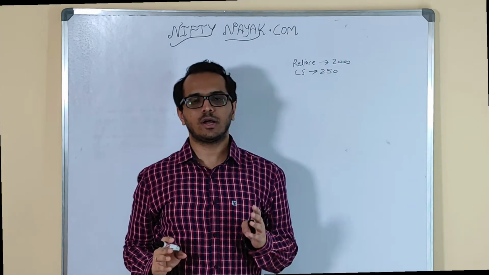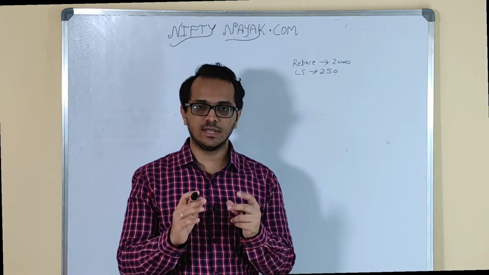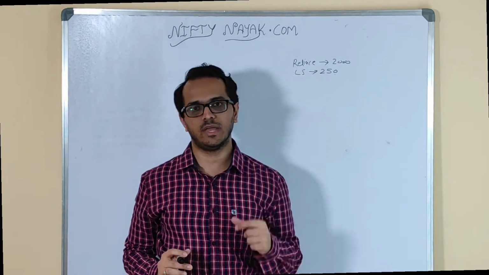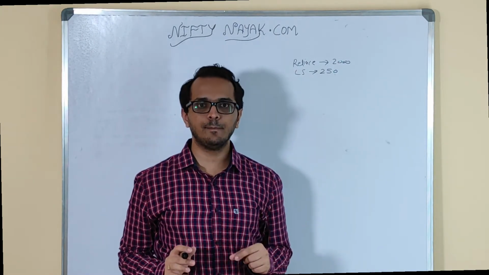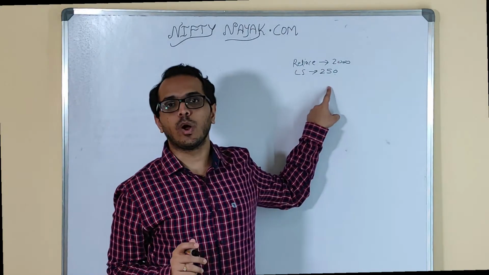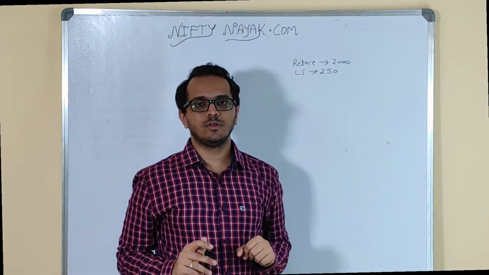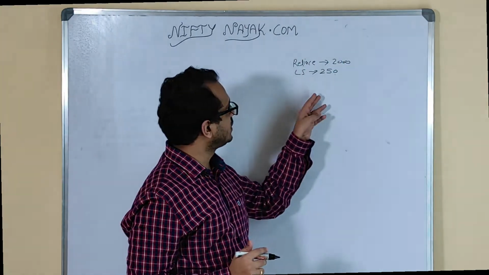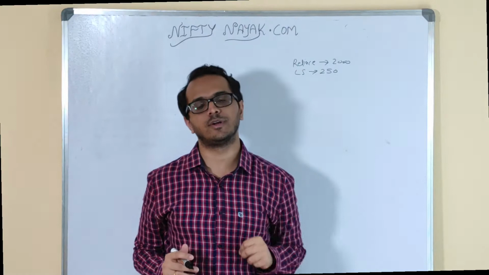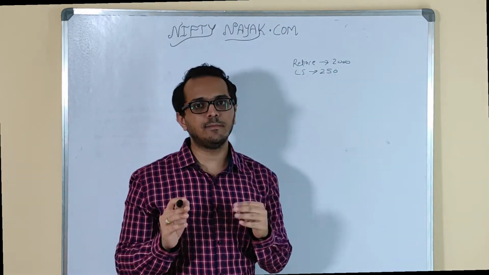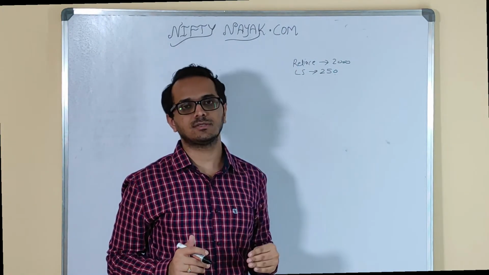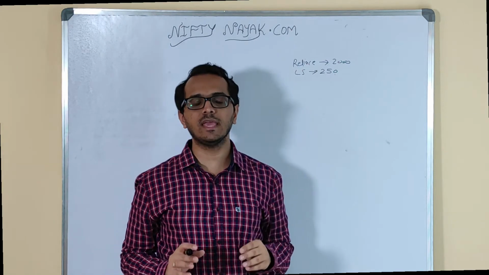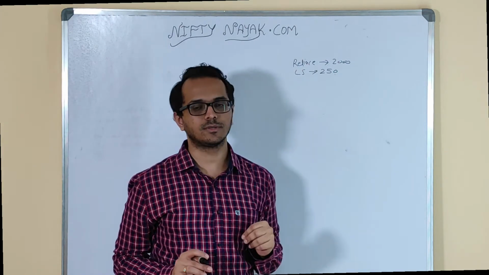So now with the capital of 1 lakh, which is the margin money which you will be paying to the exchange, you will be able to buy 250 quantity of Reliance. So now if Reliance goes up 100 rupees, you will actually be making 25,000 profit. At the same time, if Reliance falls 100 rupees, you will be making a loss of 25,000.